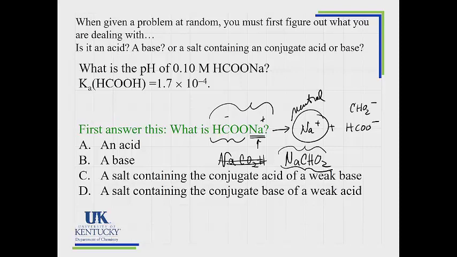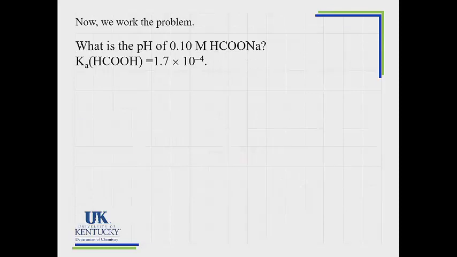And this guy is an anion, so it could accept a proton if, in doing so, it wasn't a strong acid. Well, HCOOH is not on my strong acid list. Therefore, this is a weak acid, and therefore this is its conjugate base. It is weak. Okay, so now we're ready to work this problem.